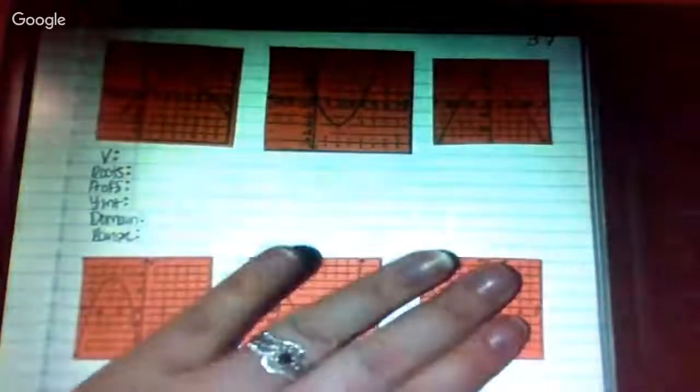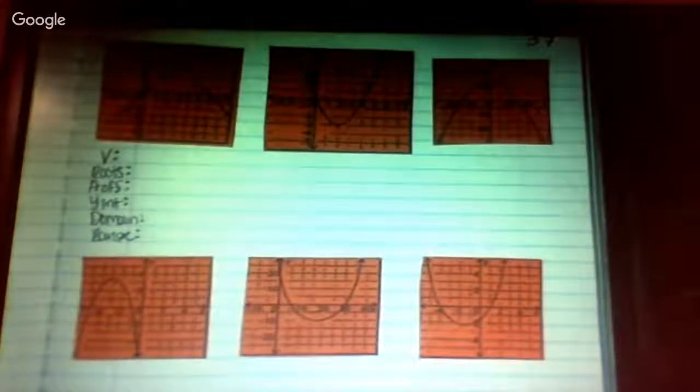I cut all the numbers off and just glued mine in wherever. A of S, axis of symmetry. It don't matter what order.